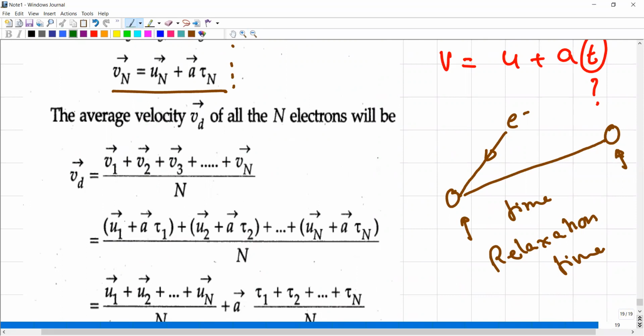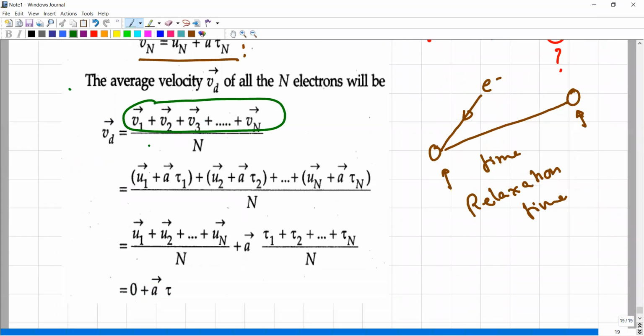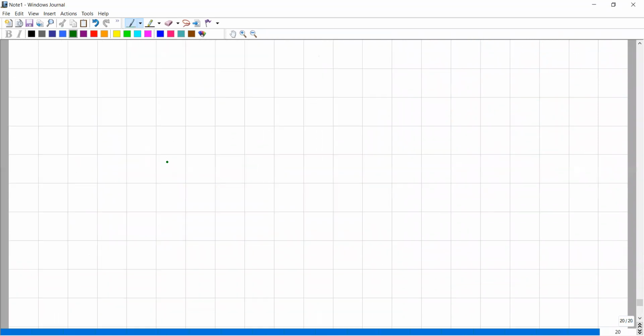So when you calculate drift velocity, Vd with a vector sign on top is equal to the vector sum of the velocities of all the electrons divided by the number of electrons. And then you can keep on doing this. V1 is equal to initial velocity u1 plus alpha tau and so on, and eventually you will get this expression.